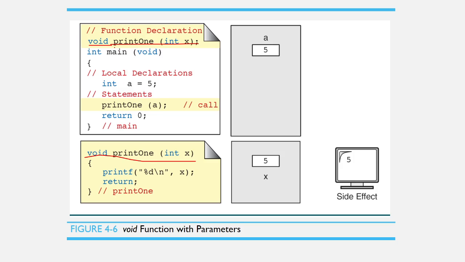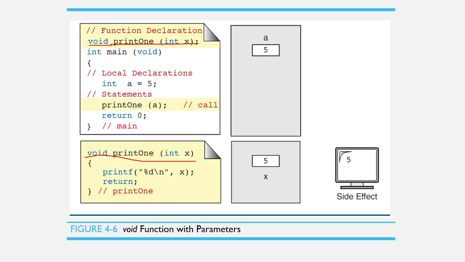So this function declaration contains a parameter of an integer type. We have here int x, and the function definition also contains one parameter of an integer type. So this function declaration is for this function definition.